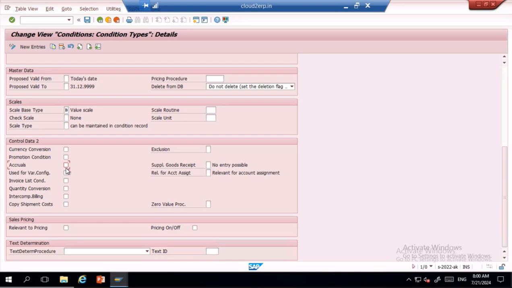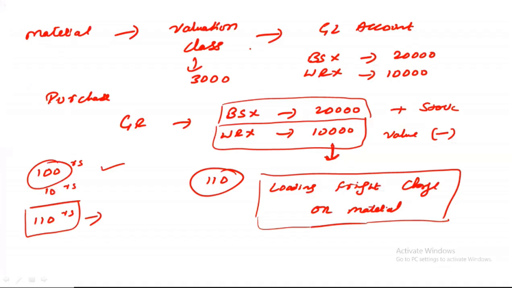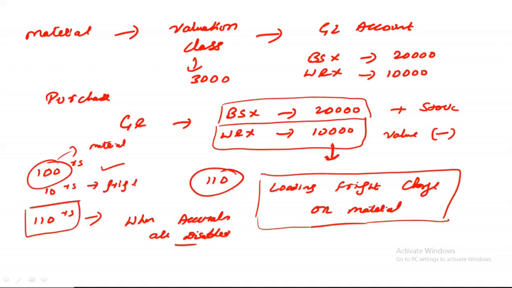Okay, any questions here? So this is without accruals, when accruals are disabled. Your material price is 100, this is the material price, and this is your freight price.